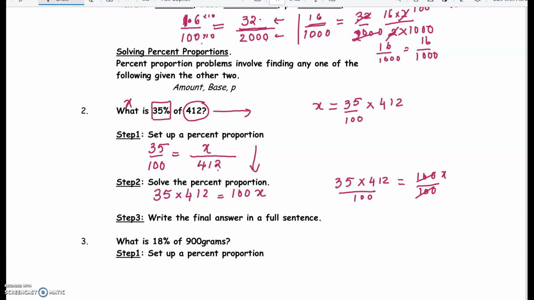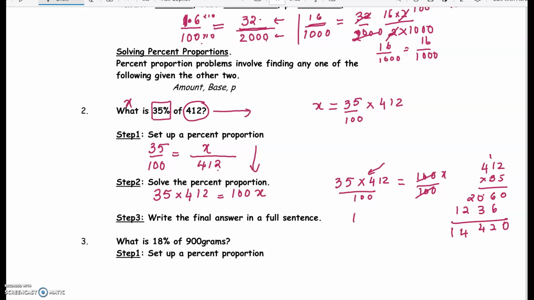Now we can multiply these two together and divide by 100. So let's do the multiplication. 412 times 35. It's easy to divide by 100, so I'm just doing the multiplication. 5 times 2 is 10, 5 ones are 5, 6, 5 times 4 is 20, 3 2s are 6, 3 1s are 3, 4 3s are 12, 0, 6 plus 6 is 12, that becomes a 4, that is a 4, that's a 1.